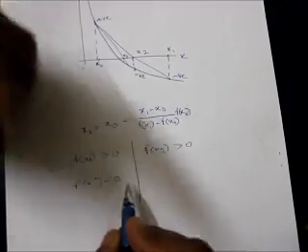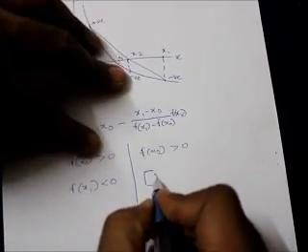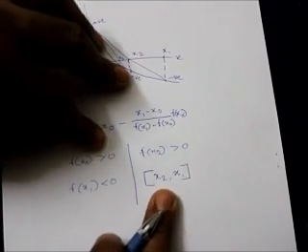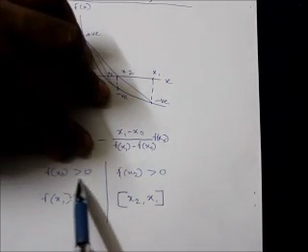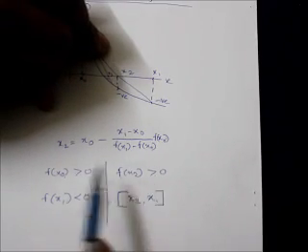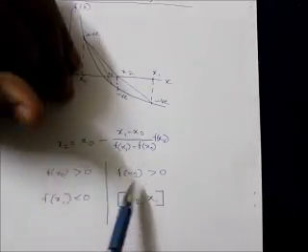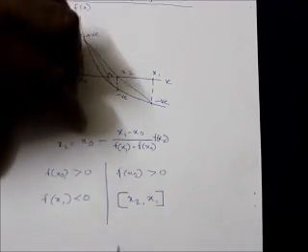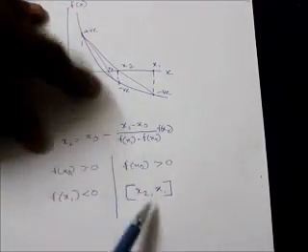Then our next interval is going to become x2 to x1, because the sign change occurred there. x0 was positive and x2 was also positive, so x0 to x2 is an interval that we can neglect. So the interval that we are going to concentrate on is x2 and x1. So this bracket, and we are going to apply the same formula here also.